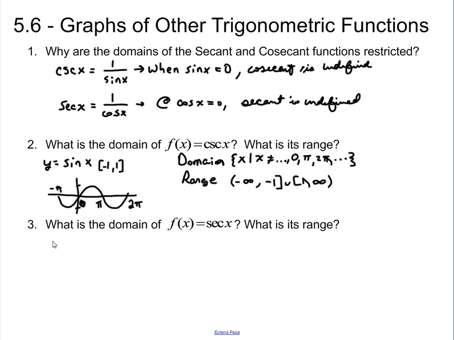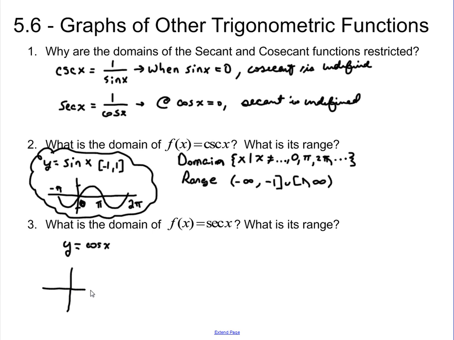Similar thing for secant, right? We think about how it's related to cosine. So if we know how the cosine function looks, we can graph this. So I've got y equals cosine of x. Its graph looks something like the following. We see that here's 2 pi.